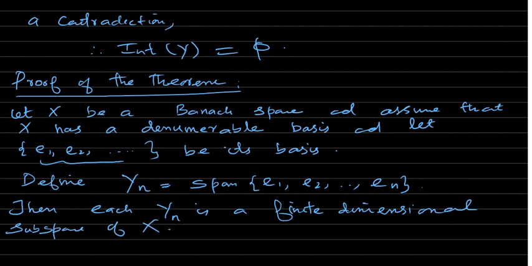But X is given as a Banach space, and we also know that any finite dimensional normed linear space is a Banach space, and therefore each Yn is a Banach space.